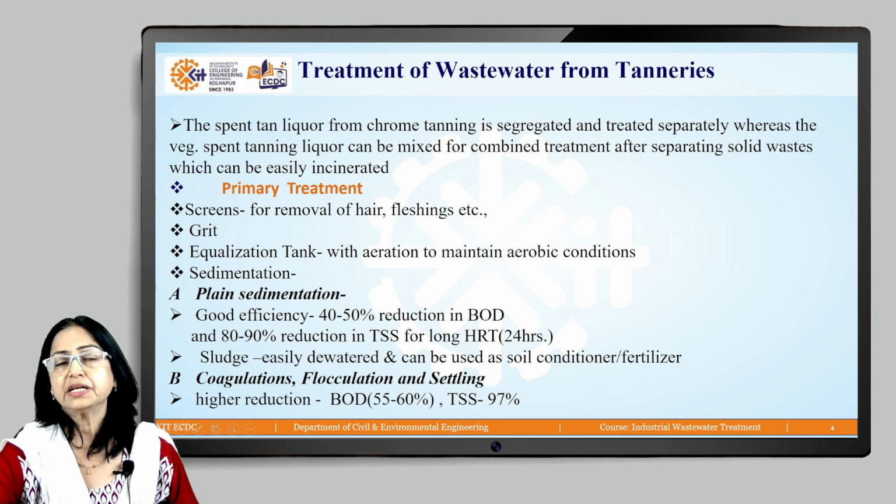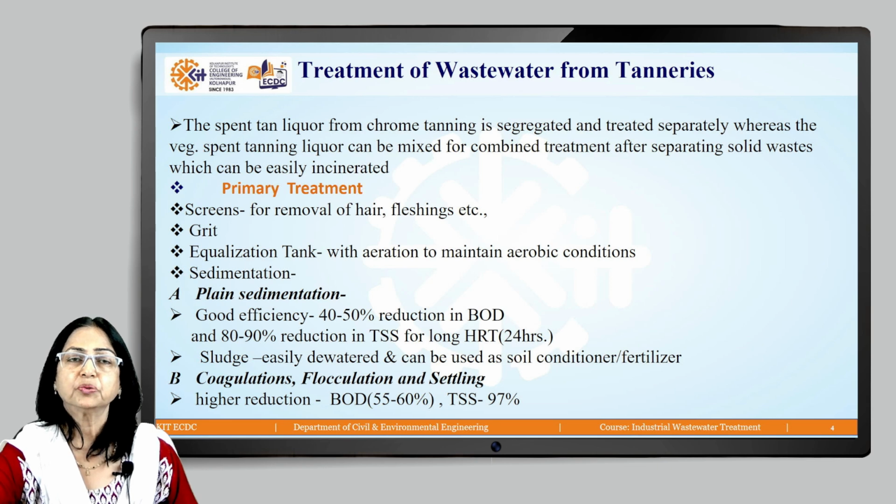The spent tan liquor from vegetable tanning or chromium tanning is treated separately. Okay. So here we are talking about treatment of the remaining wastewater, which requires primary as well as secondary treatment.